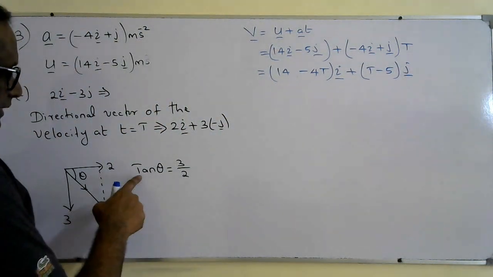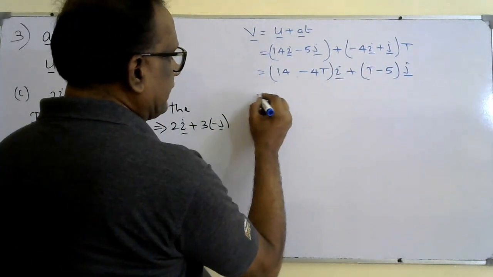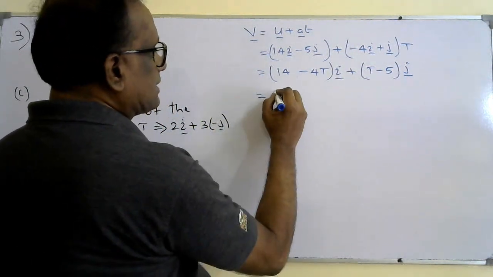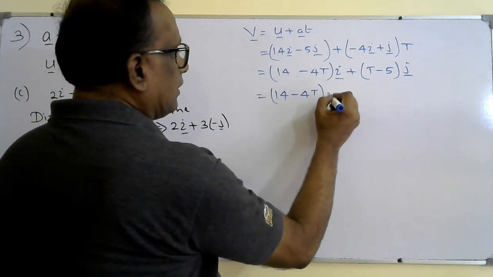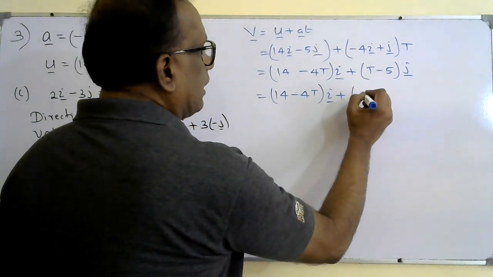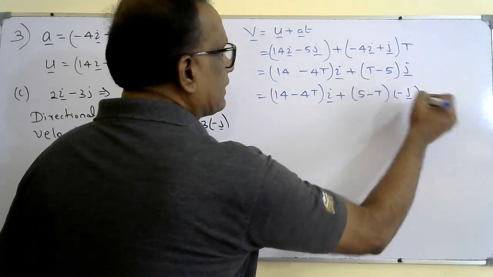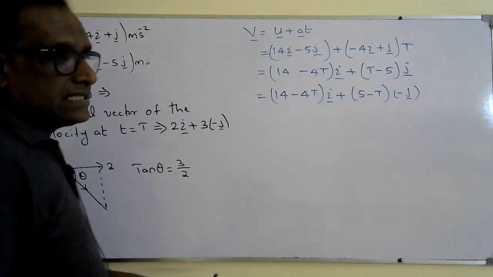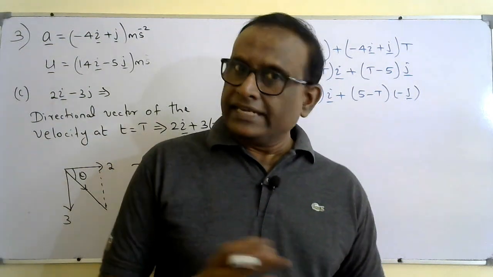Okay, so here the directional vector is in terms of minus j, so we'll rearrange it that way. Along minus j, I consider (14 minus 4t) i plus (5 minus t) minus j vector. So this is the velocity vector. By using the velocity vector for any vector, we can find the direction.